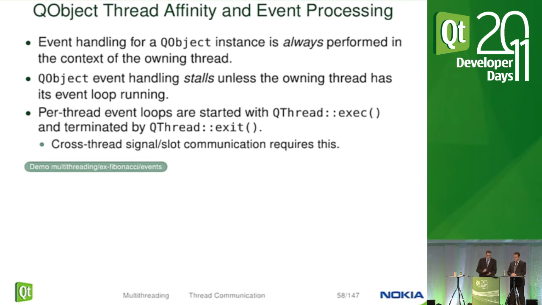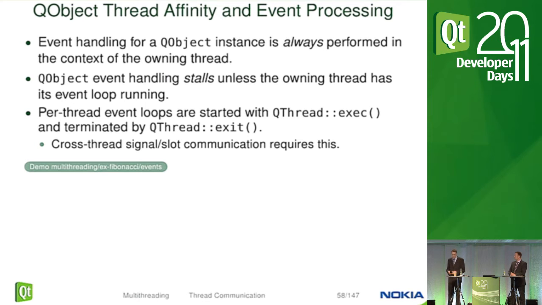And now we are getting to what Jesper was talking about. Event processing happens in the thread the object belongs to. So if you send an event to an object, that is delivered to the object in the thread this object belongs to. So actually, each QThread has its own event queue and can have its own event loop.